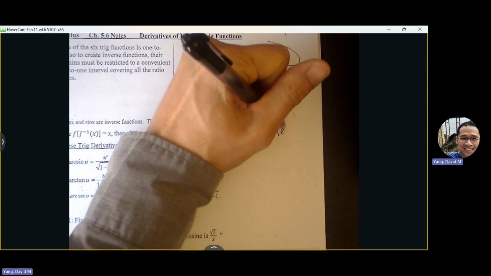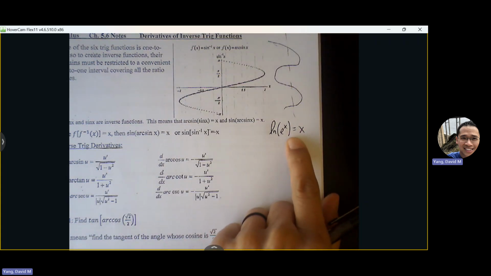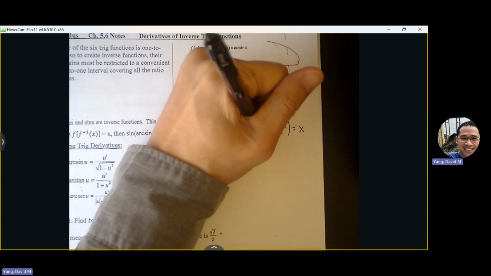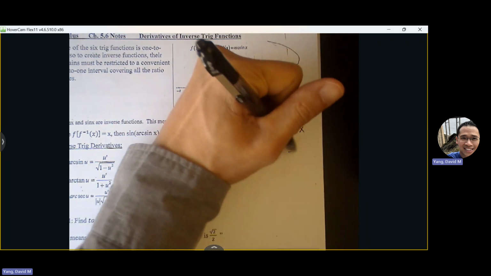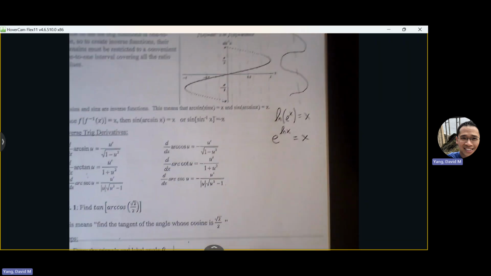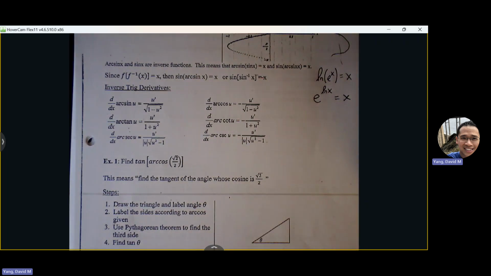If I plug e to the x into natural log, I get them to cancel out with just x. Meanwhile, if I plug natural log into the exponential function e to the x, I also get them to cancel out. So a function and its inverse are going to undo each other.